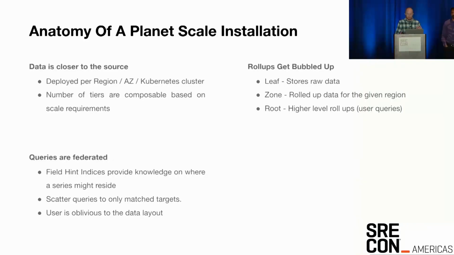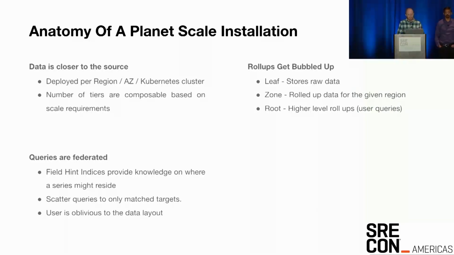The only way, and this is where the Google Monarch paper really came in for us, was that they described something called a field hint index, which acts somewhat like a Bloom filter, but it's not really a Bloom filter at the end of the day. You can basically say, here's the thing I want to query, give me hints on where I should potentially query the data from. This is what we have also replicated based on the paper to minimize the fan out.